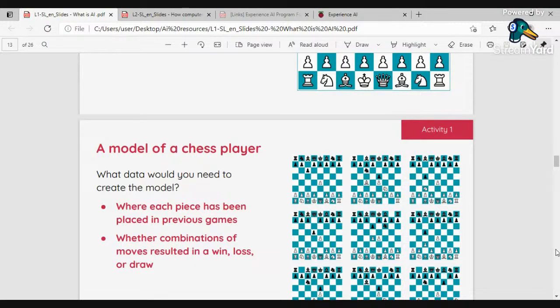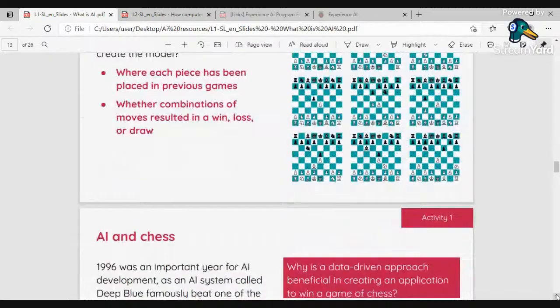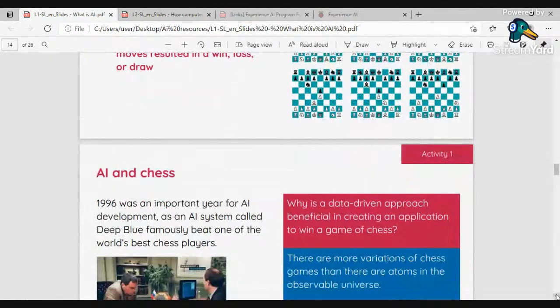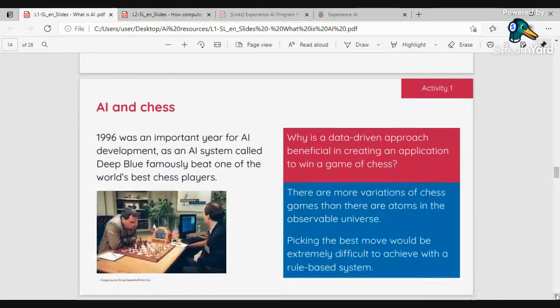Thousands of moves of different players are stored, which will enable the machine to learn from the mistakes and successes of the players, and then make decisions based on that.